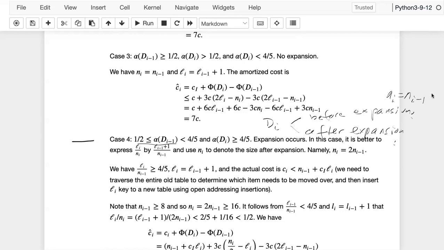And after the expansion, we know that N sub I is equal to 2 times N sub I minus 1, because expansion means we will double the size of the old table. Okay, so in order not to confuse ourselves, before the expansion, I am not going to use N sub I, but I use N sub I minus 1. Then after the expansion, I'm going to use this.